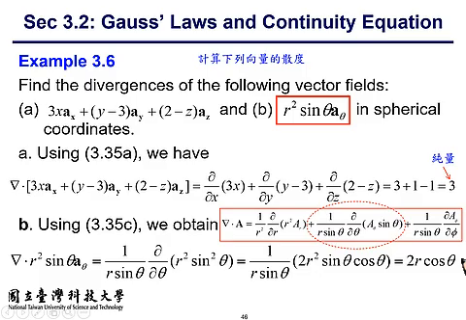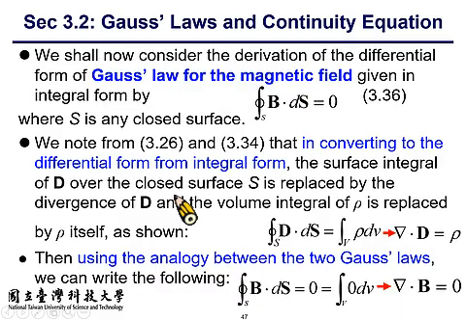I believe you should be able to carry out this kind of calculation relatively easily. The last two things we will discuss in section 3.2 are Gauss's law for the electromagnetic field and the continuity equation.